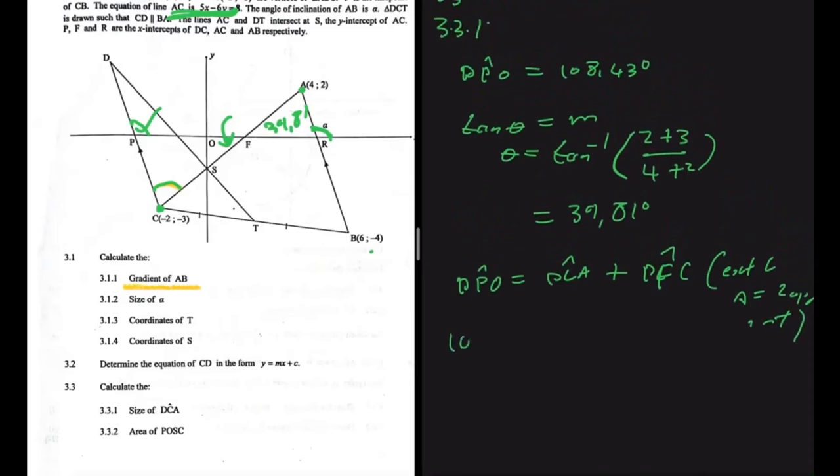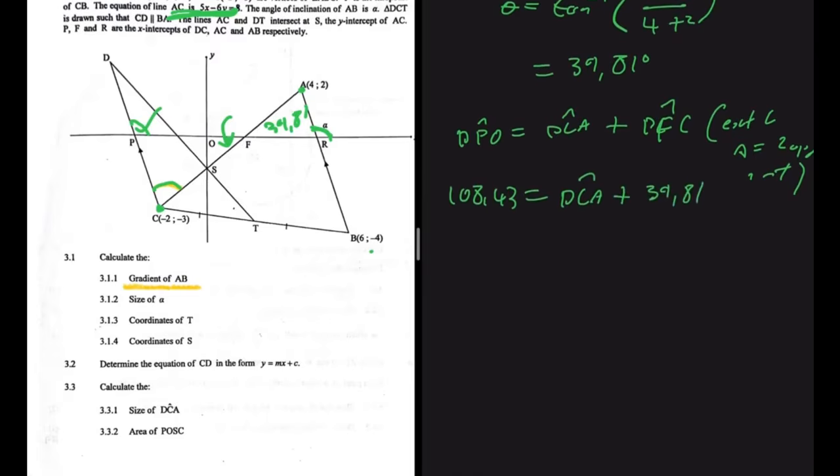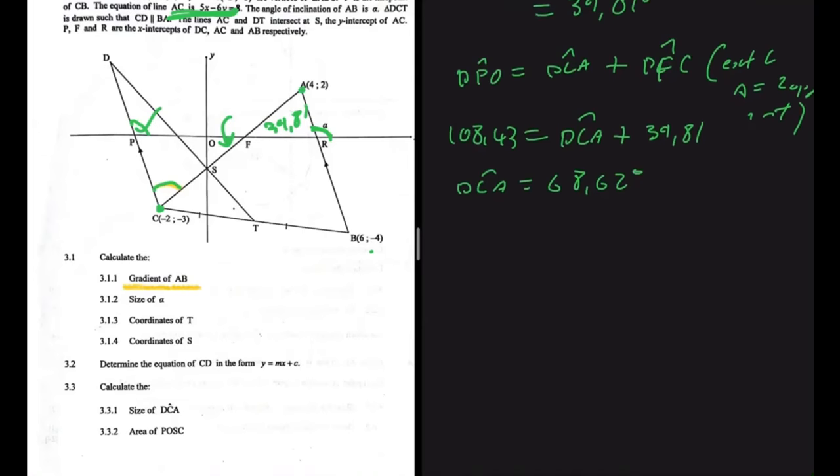We know that it is 108.43, and that should be equals to DCA, which we are looking for, plus PCF, which is 39.81. So now DCA should be equals to 108.43 minus 39.81. I'm getting 68.62 degrees. It doesn't look too bad, right? 68.62 degrees is believable. Let's do the last question.